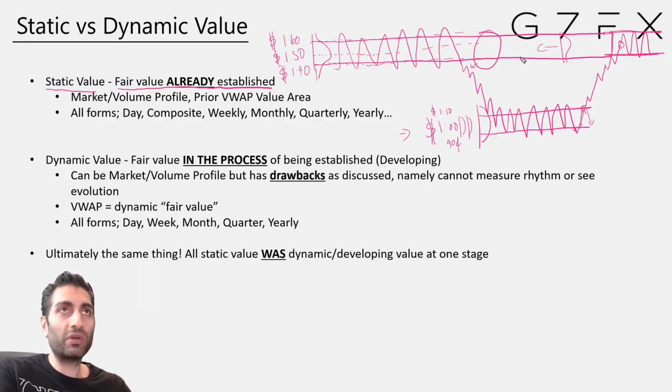But the crucial point is, do you see the value area low and the value area high, and I'm getting tongue-tied today, and the POC, point of control, they're fixed. They're not going to move. So therefore, I can develop my hypothesis around the value area low, the point of control, value area high, this one here, the point of control, and then the value area low, knowing it's not going to change, right?